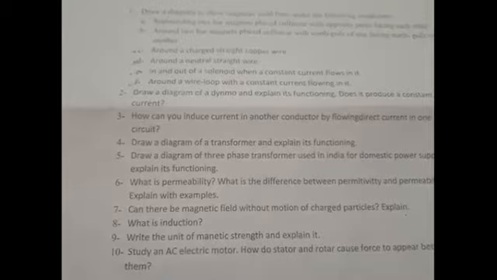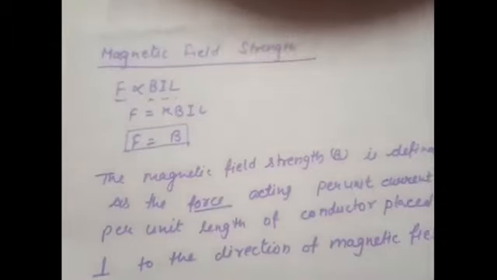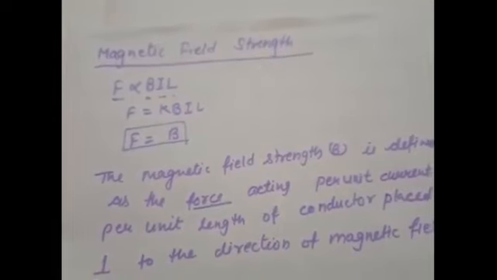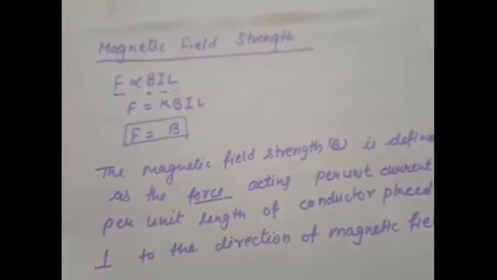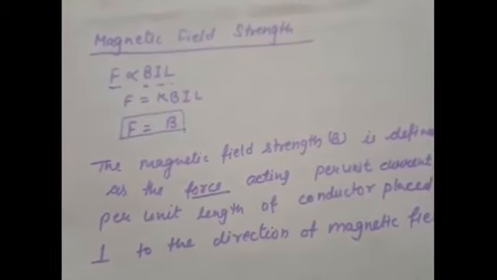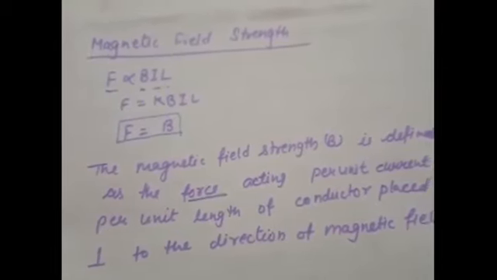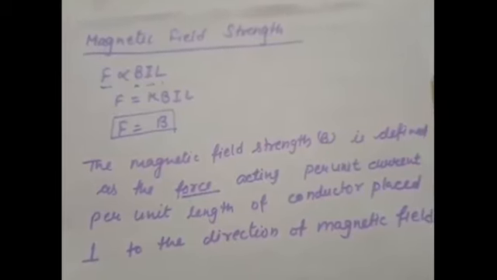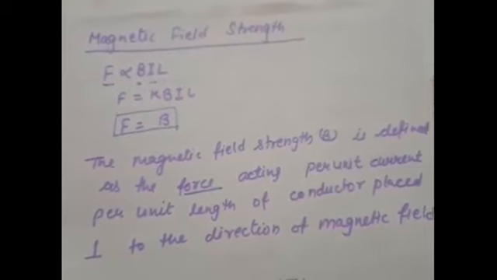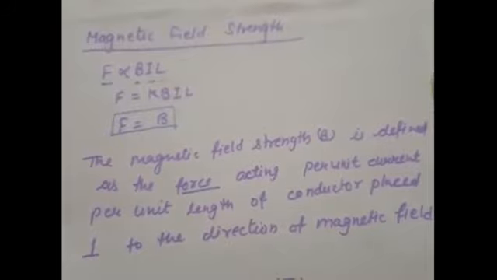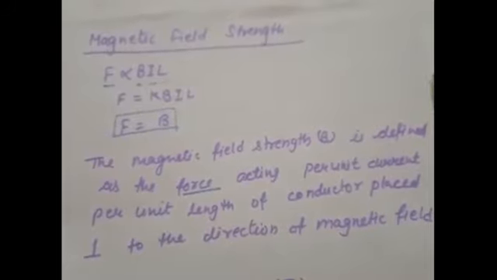Question number 9 is: write the unit of magnetic strength and explain it. We know that the force can be given as F is equal to BIL. If we keep the other values as unity, then F becomes equal to B. That means the magnetic field strength B is defined as the force acting per unit current per unit length of the conductor placed perpendicular to the direction of the magnetic field.